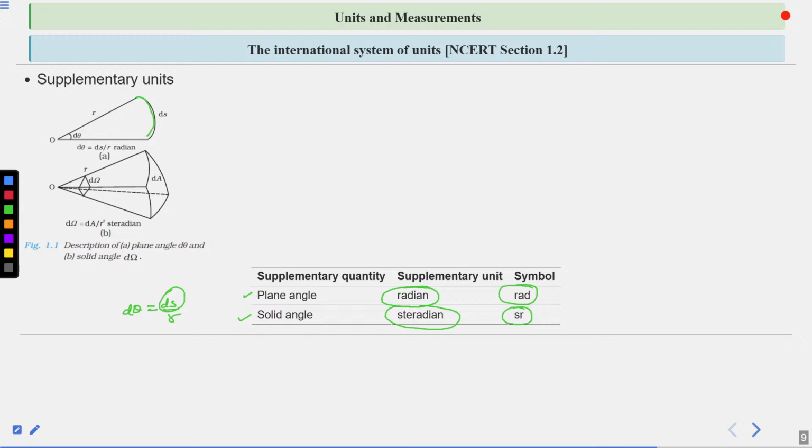If we have one arc like this, how can we measure it? Meter, clear? And what is the unit of radius? Meter. So meter cancels out. Yes or no? Yes. So it becomes a dimensionless quantity.